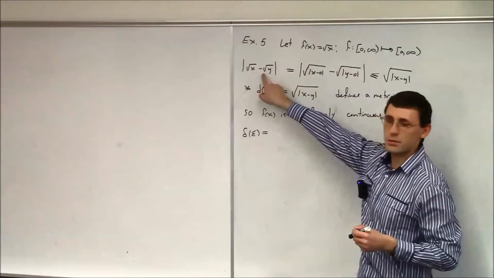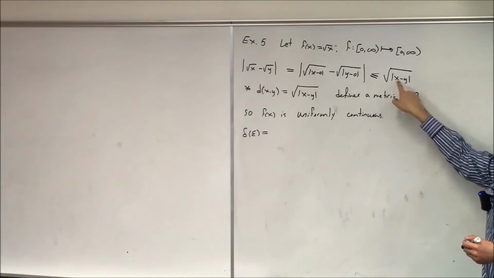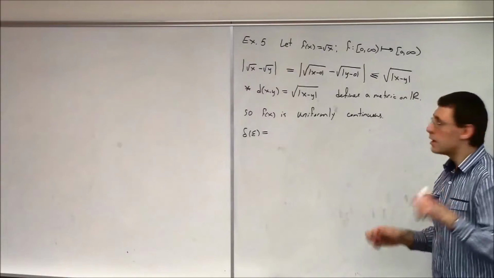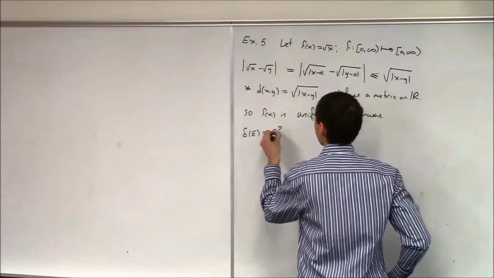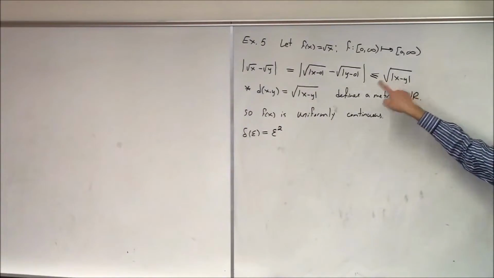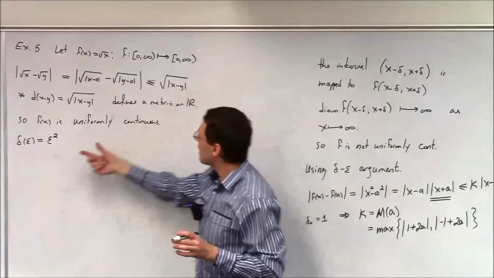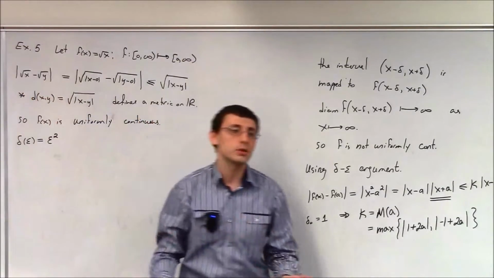Root of x minus root of y is less than or equal to root of the absolute value of x minus y. So that means I can take, as you said, epsilon squared. Why epsilon squared? If the absolute value of x minus y is smaller than epsilon squared, then root of x minus root of y is smaller than epsilon.